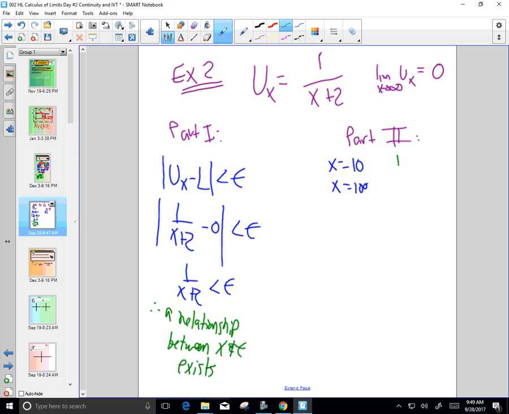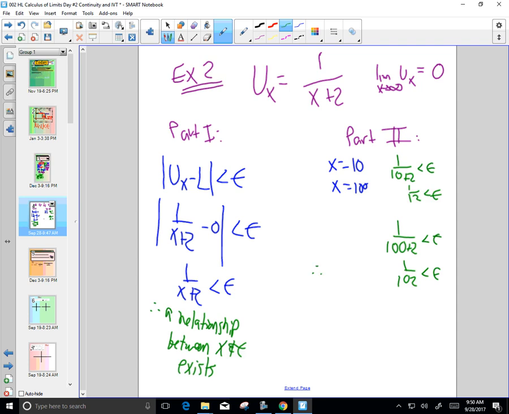So then you go 1 over 10 plus 2, it's an epsilon, which is 1 over 12. And then the next one, you're going to do 1 over 100 plus 2, it's an epsilon. So this is going to be 1 over 102.